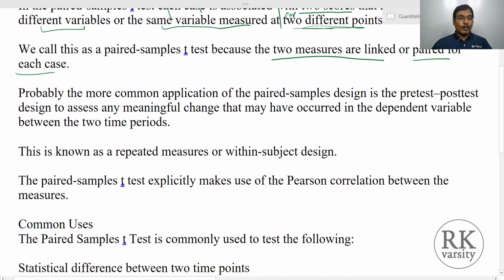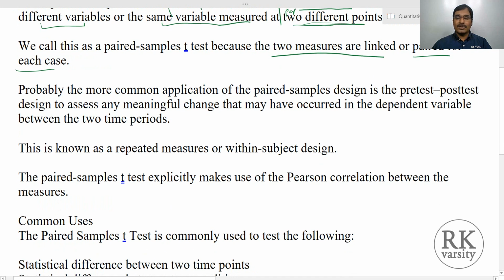Now probably the more common application of paired samples design is pre-test and post-test. Suppose a company designed a website, and before running it, it collects opinions from the participants. Then after getting feedback from the participants, after some time it makes design changes to the website and again goes back to the customers and seeks their opinion.